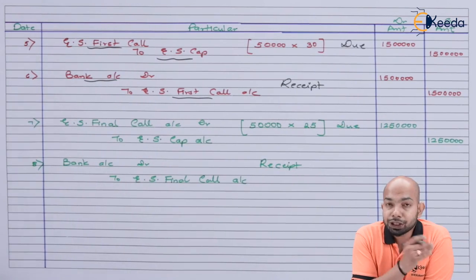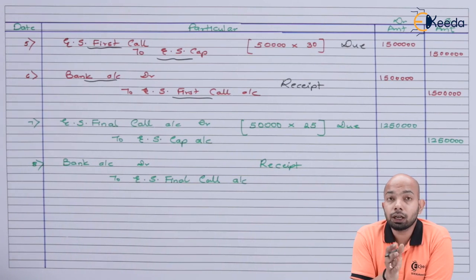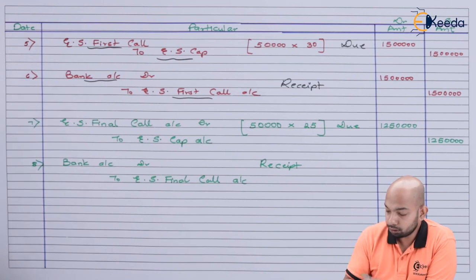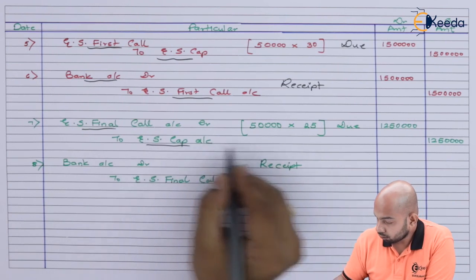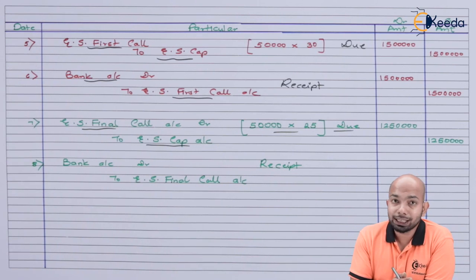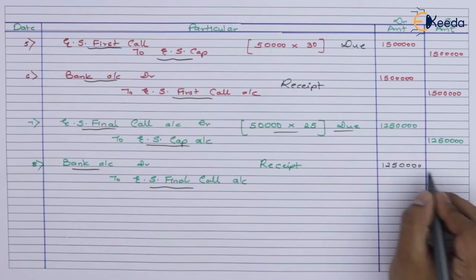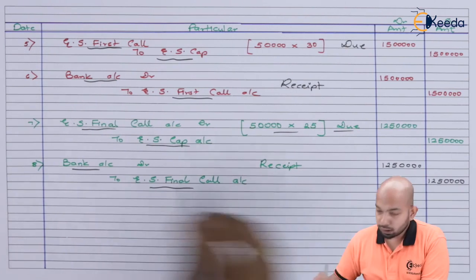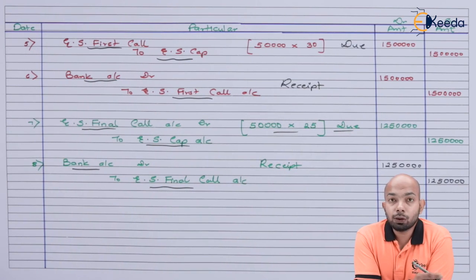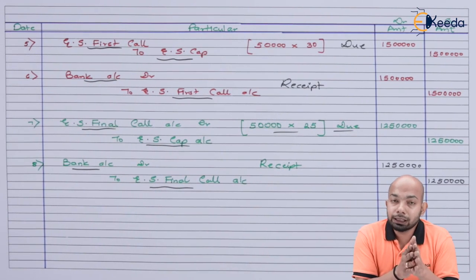Now again, in equity share final call, we have mentioned the due amount, that is equity share final call account debit to equity share capital, which is 12,50,000, and the similar amount we have received here, which is again 12,50,000. Now, this marks the closure of this specific illustration.